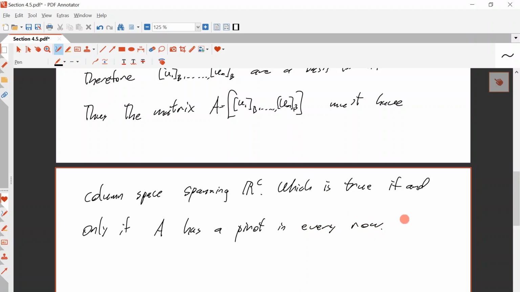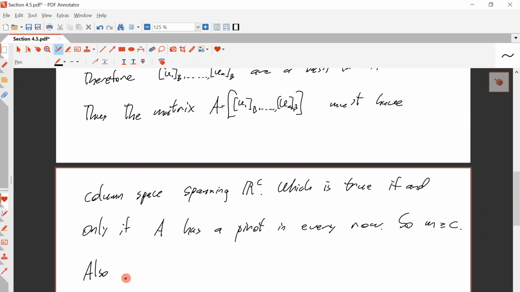Well, that requires M, the number of columns, the number of vectors, to be bigger than or equal to C. Otherwise, if it's less than C, you can't have a pivot in every row, because each pivot takes up a row. So you have to have at least C rows in order for there to be a pivot in every row.